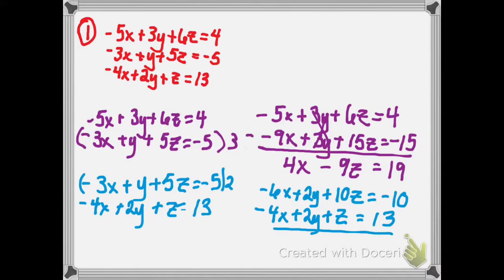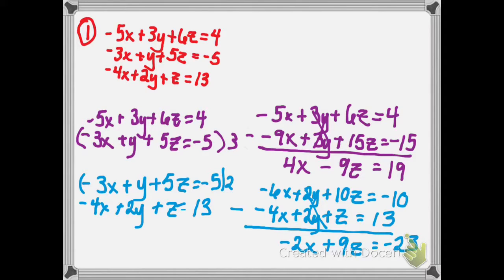So in order to get them to cancel, you have to subtract. So negative 6x minus negative 4x is negative 2x. Your y's cancel. 10 minus 1z is 9z. And then negative 10 minus 13 is negative 23.